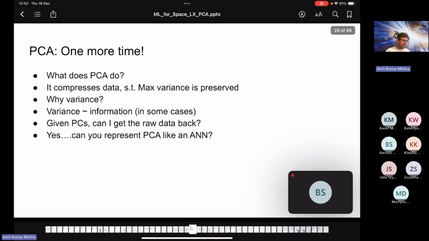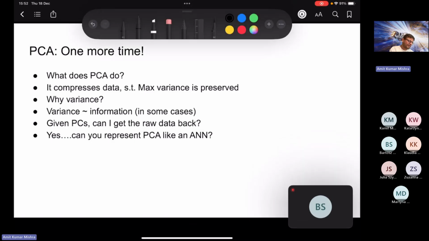So you have D, and then you have D PCA, and from that you can also project back to D. Now D has high dimension. You do some matrix multiplication, and then you get low dimension, and again some multiplication, and then high dimension.